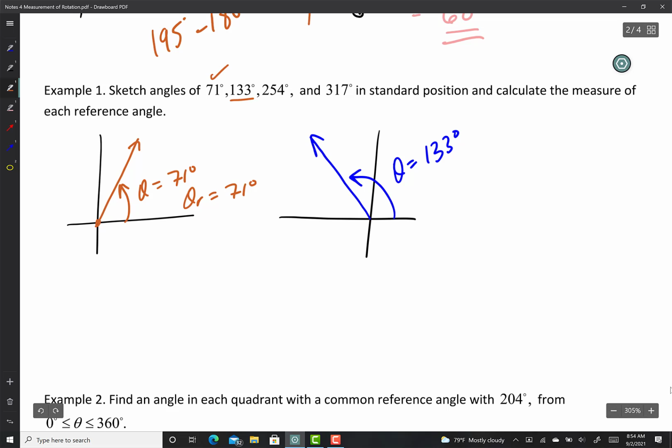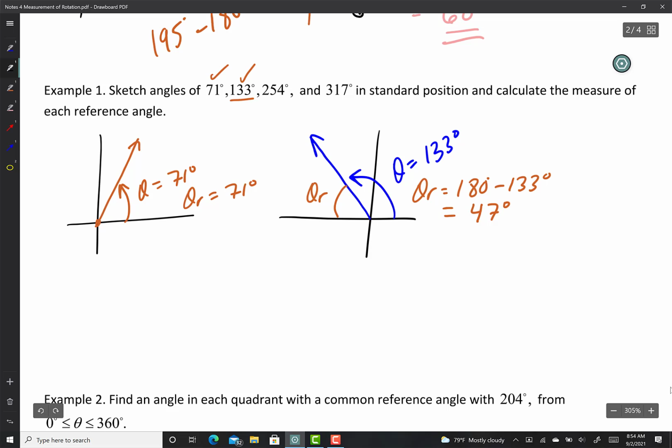My reference angle is right here, theta r. Theta r is equal to 180 minus 133, which gives us 47 degrees. Is everyone okay with that one? Perfect.